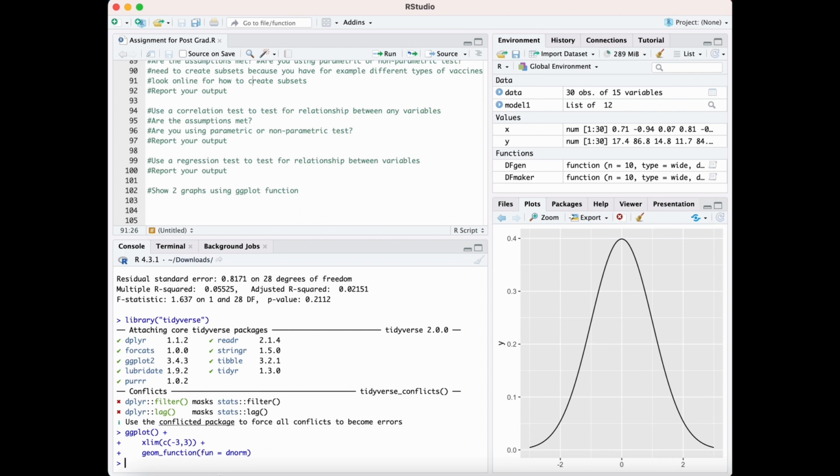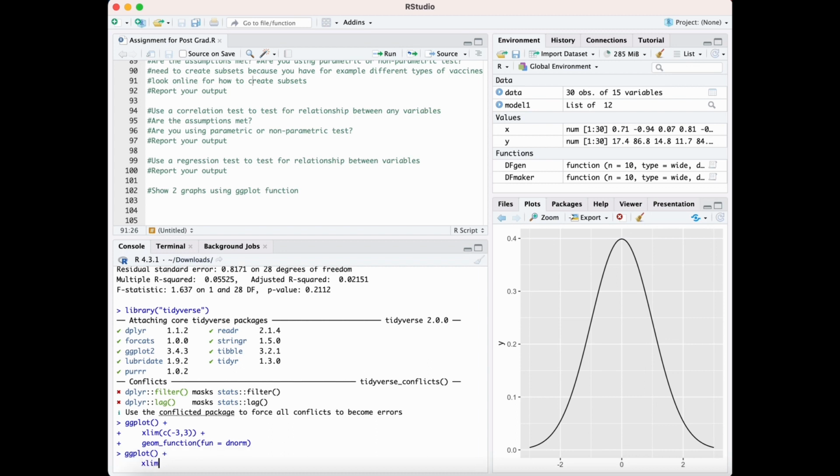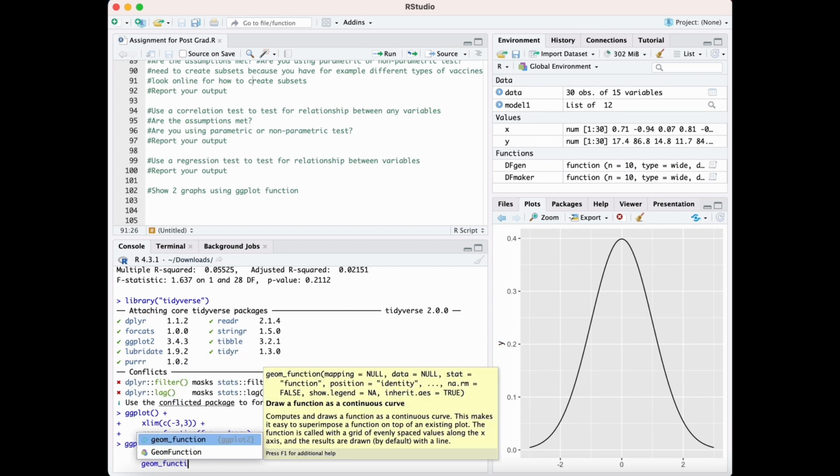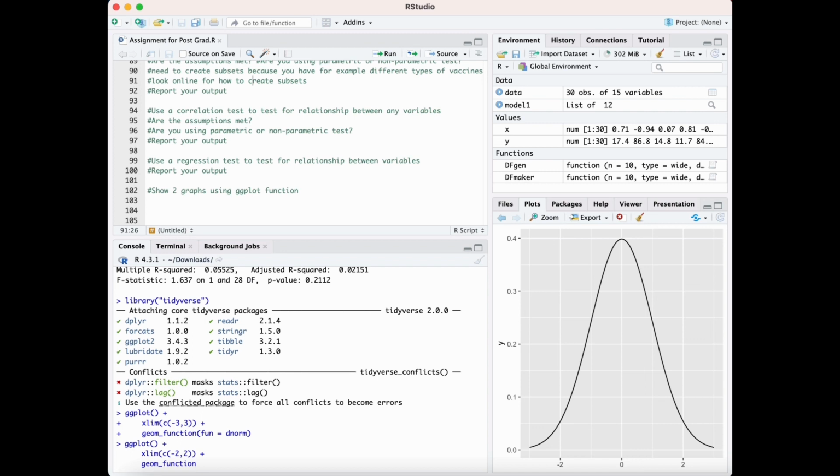So this is a graph, a normal distribution graph that I came up with, and another one, I can do the same with inverted, -2 2, plus geo function of fun.